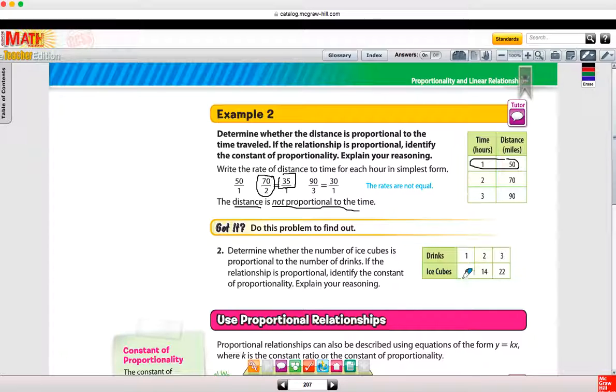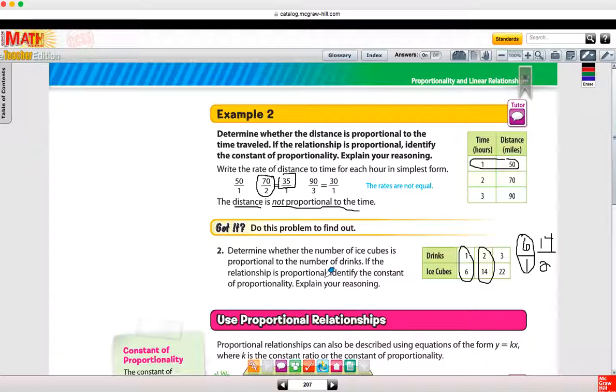Okay, so right here, we have one drink with 6 ice cubes. You might say it's something like 6 ice cubes per one drink. Is that the same thing as 14 ice cubes for 2 drinks? Well, no, it's not, because that does not reduce down to 6.